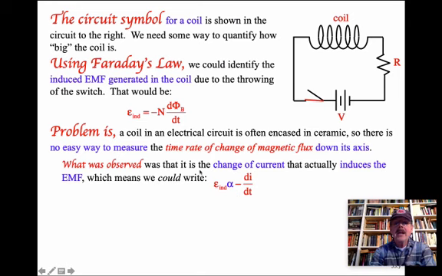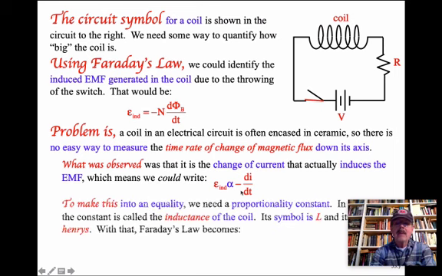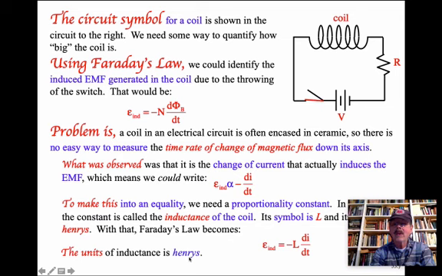For this to be made into an equality, you need a proportionality constant, and that proportionality constant is what's called the inductance of the coil. And so this is Faraday's law for a coil. The induced EMF equals minus the inductance of the coil times the rate at which the current changes with time. Inductance has the units of henries, although 1 Henry is a huge inductor. They're usually in millihenries.